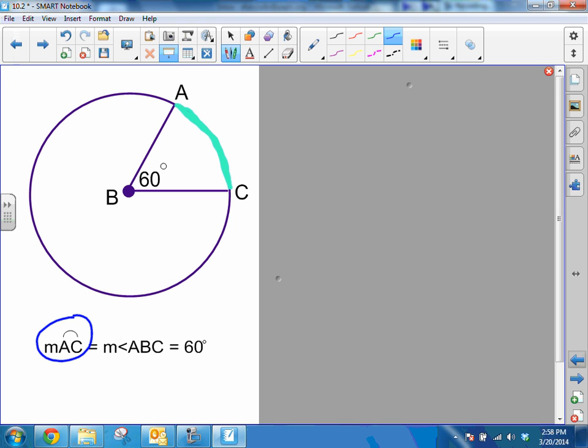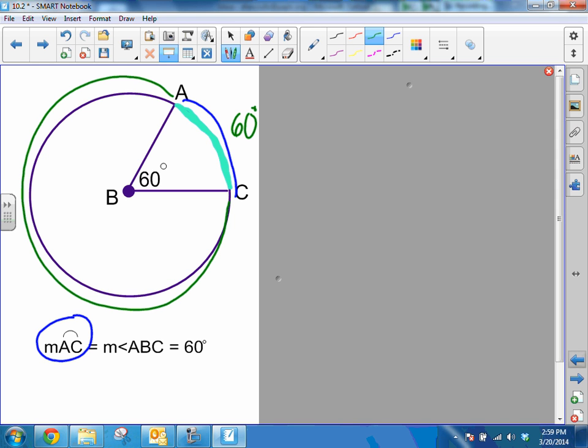It's actually a little arc. So if I want to know the measure of an arc AC, do you think we're talking about this guy? Or do you think we're talking about this guy for arc AC? If I know it's 60 degrees. Which one? The small one. Okay? So the small one is AC.